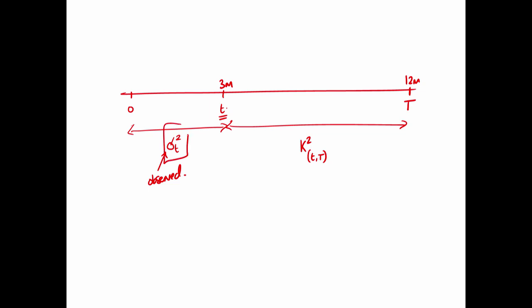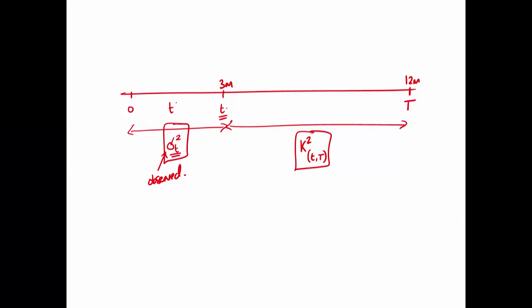You can take little t days of this variance, which has actually been observed, and big T minus little t days of this implied variance, which is backed out of option prices at time little t. You weight them by the number of days and combine them in an average, and you've got what's called expected variance at time t, and you can use that to mark your variance swap to market.